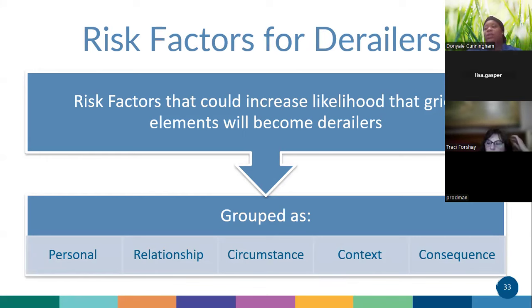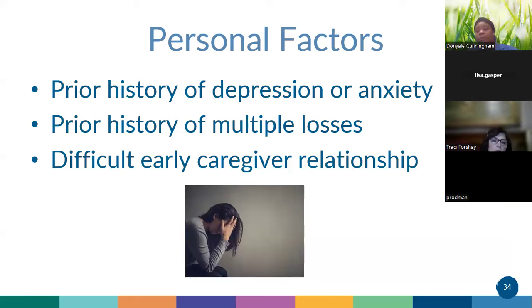These increase the likelihood that a potentially problematic early grief response will be more difficult to manage, and also increase the likelihood of prolonged grief disorder. Now let's break down these risk factors and talk about them a little more.